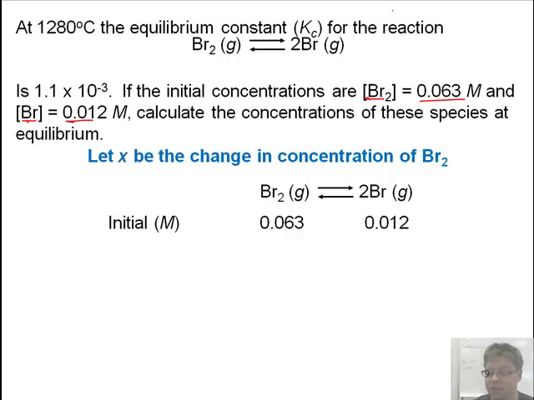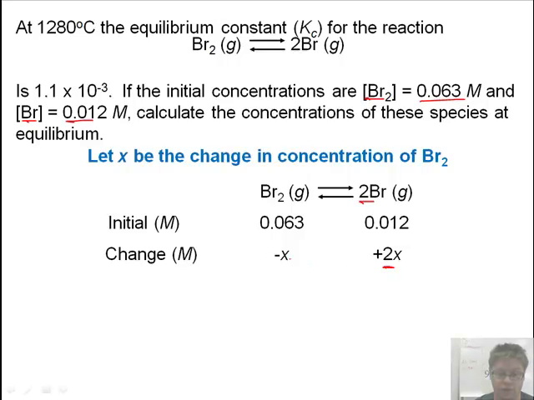So as you're reading the problem, write down the equation, write the initial. Then we're going to see how much it changes. Molarity changes. In this case, let X be the change in concentration of Br2. So you're losing Br2, it's forming the 2Br. You're gaining 2Br because of this coefficient here.